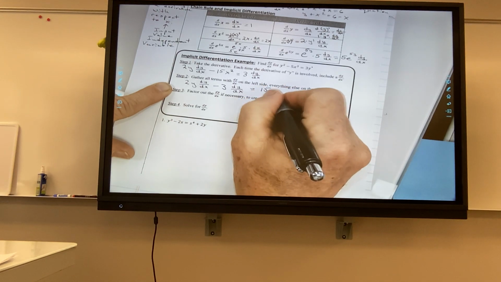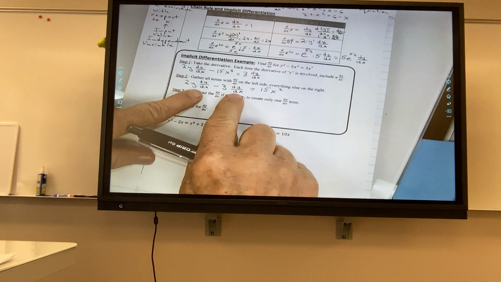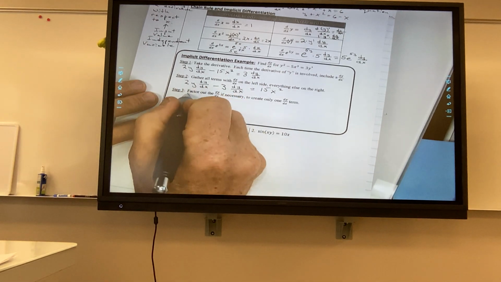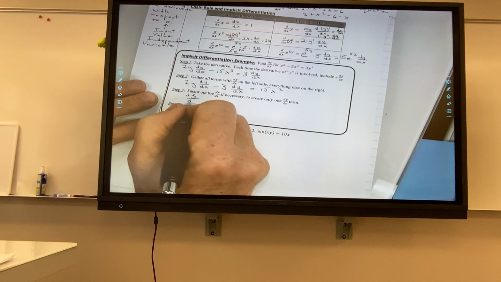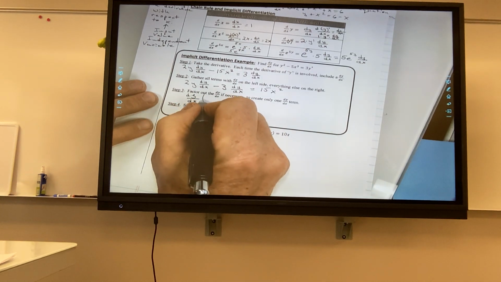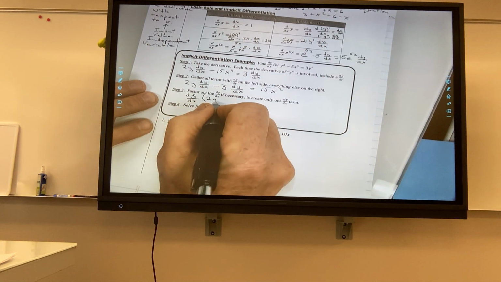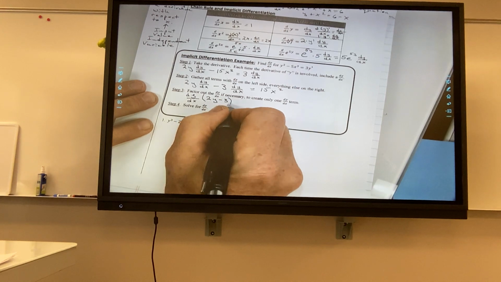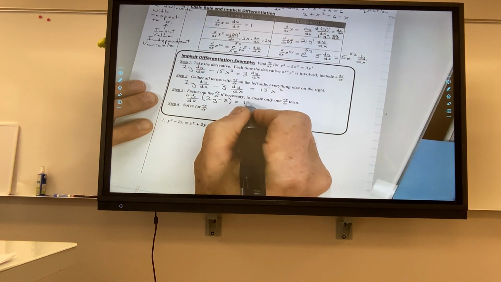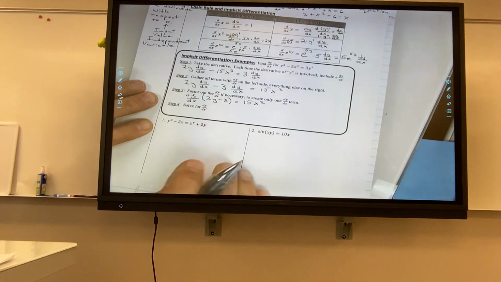Now, why do I do that? Because I can factor out a dy and dx here and only have one of them. I have 2 right now, don't I? So I'm going to factor out the dy over the dx. And that's going to give me 2y minus 3 equals 15x squared.